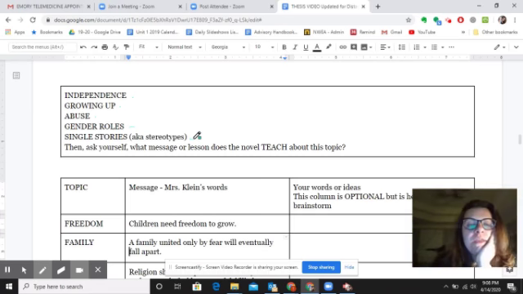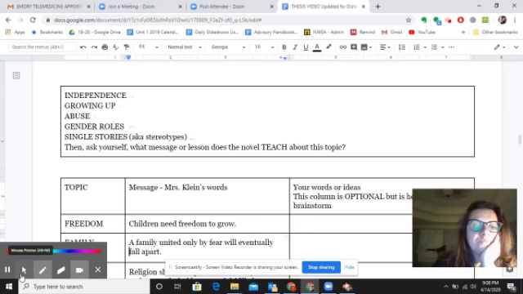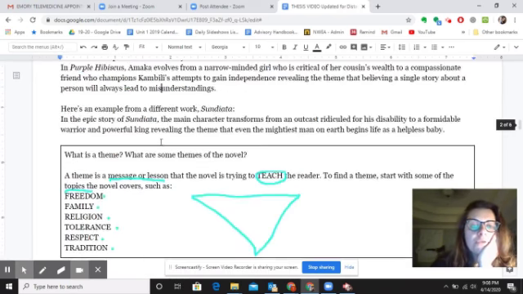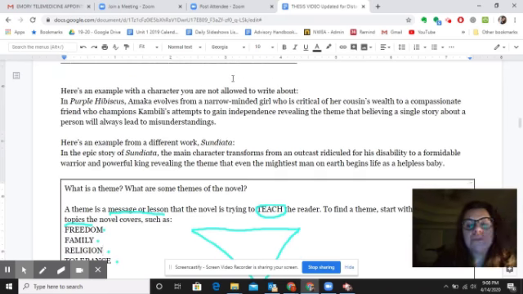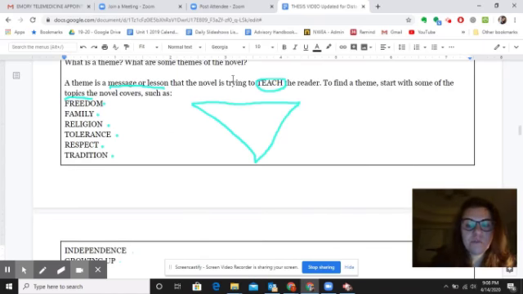All right, so if I'm thinking about Amaka and her change from aloof to compassionate. She didn't like Kambili at first because she thought Kambili was just rich and had a really easy life. So which one of these connects to this idea of not liking someone because you think you know something about them, but then you realize there's more to them? I mean, they're family, so that could work.